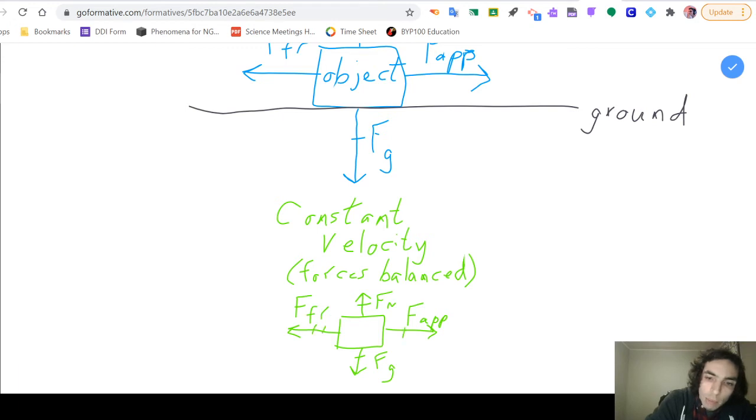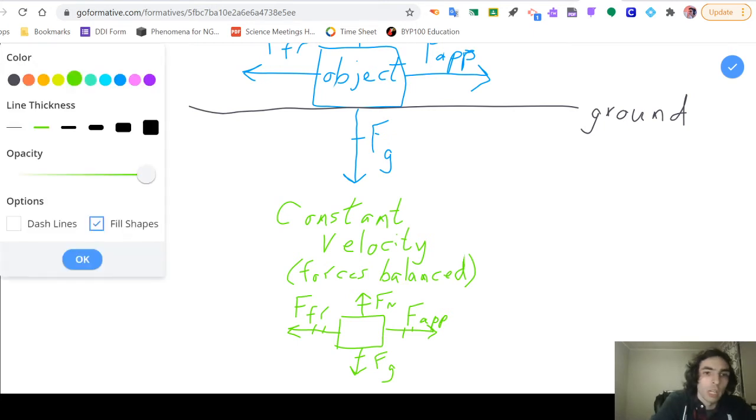You'll notice I'm going to put 2 tick marks on these 2 forces. That's not to signal that these forces are stronger than normal force and gravity. I could put 50 tick marks on friction and applied force. All that matters is that each of these forces have the same number of tick marks to say that these 2 forces must be balancing each other out right now. So that's the first case. If this were moving at constant velocity, this is what our diagram would look like.